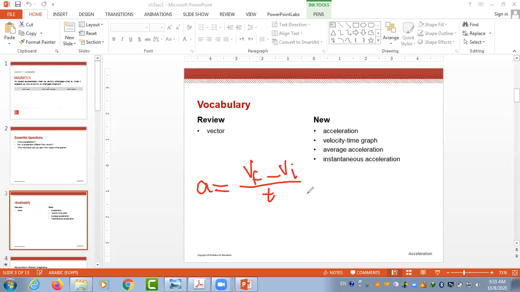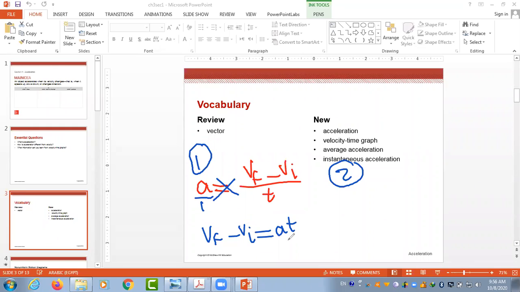And from here, we can rearrange this formula as we used to do in many equations. So we can make cross multiplication. This is the first equation, Shabab. We want to get a second equation. If we make cross multiplication, Vf minus Vi will be multiplied by 1, so the same Vf minus Vi, and a is multiplied by t, so a t.